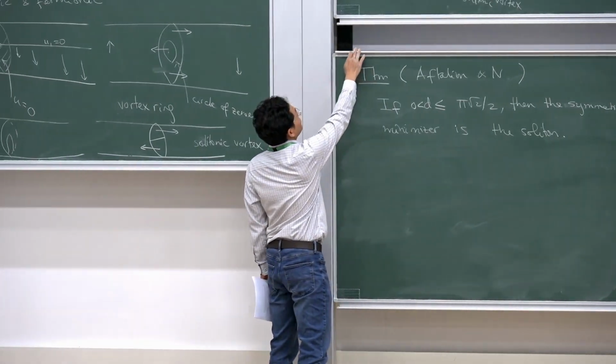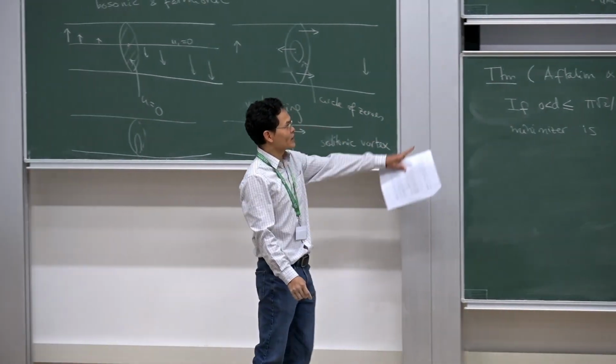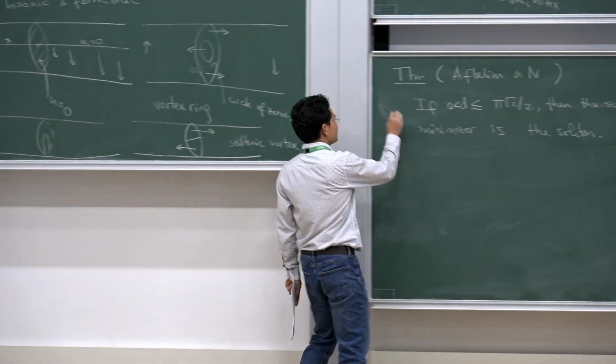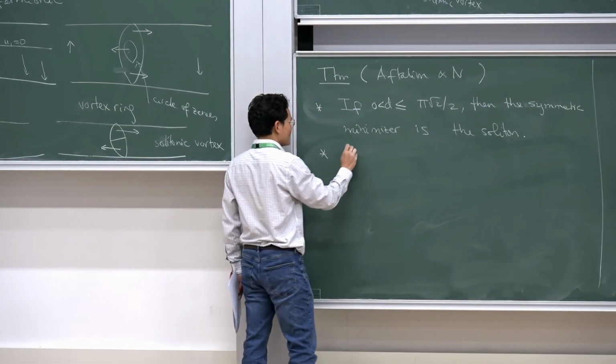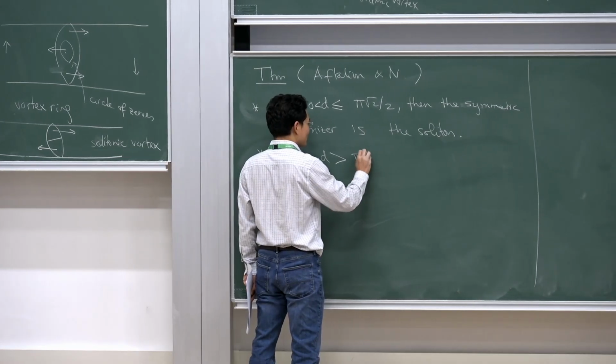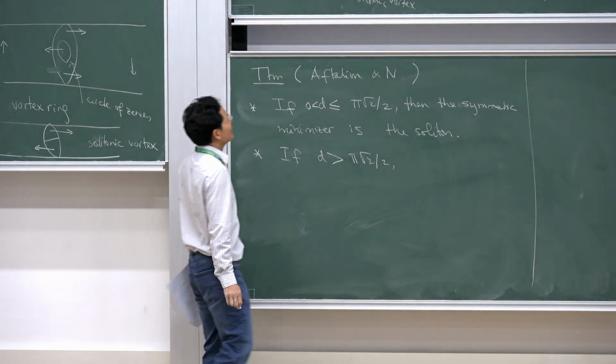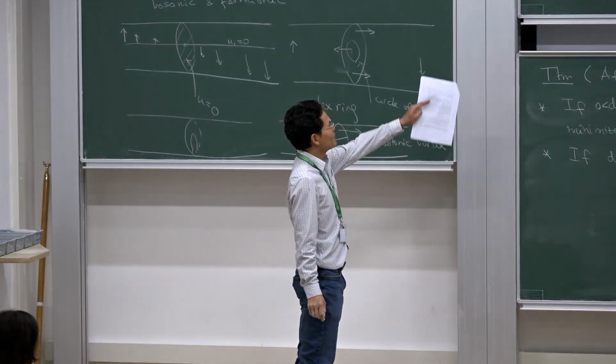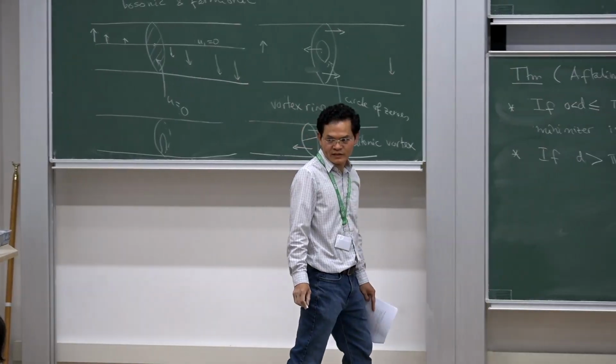Now instead of saying that for D smaller than 1, we have a precise number. And if D is strictly bigger than that number, then the minimizer looks like the solitonic vortex.